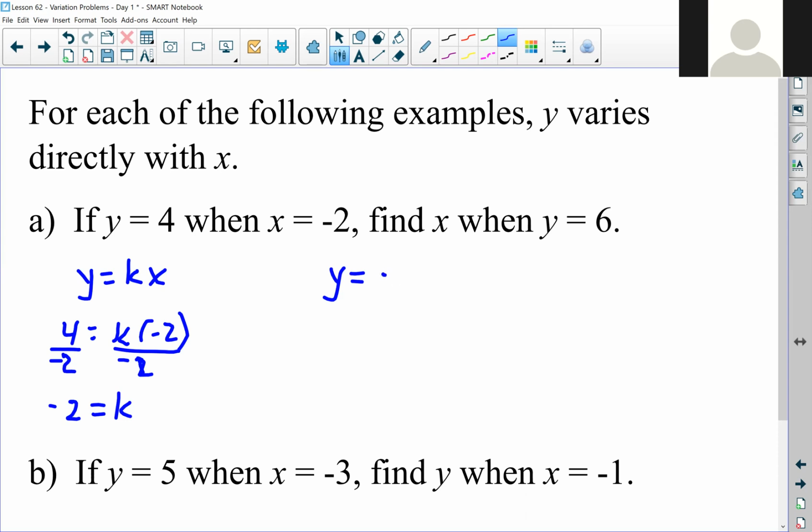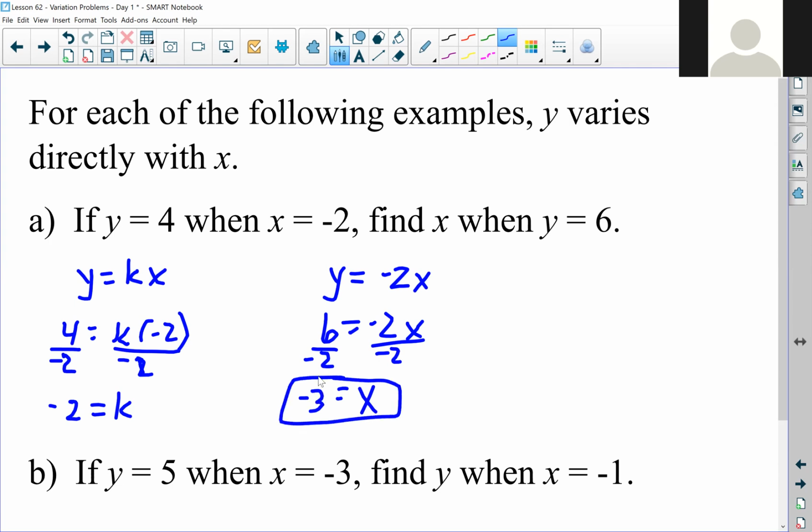So y would equal -2 times x. And now plug 6 in for y. And we would get our solution.